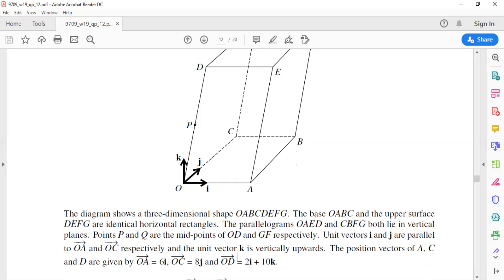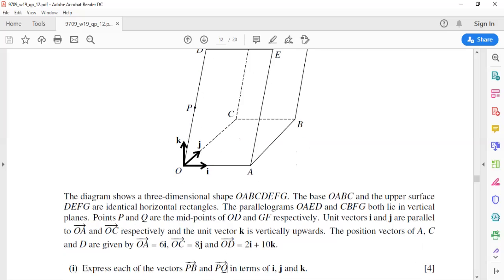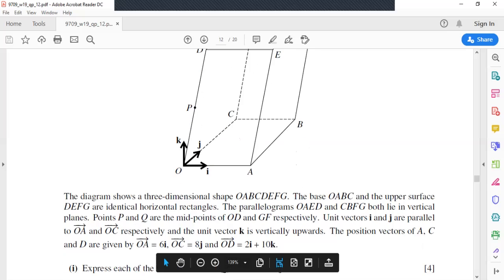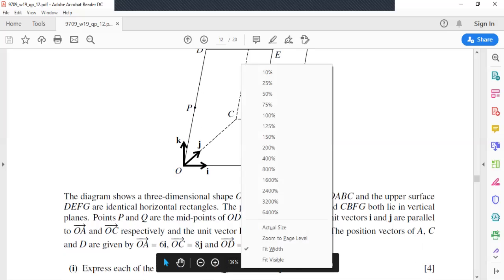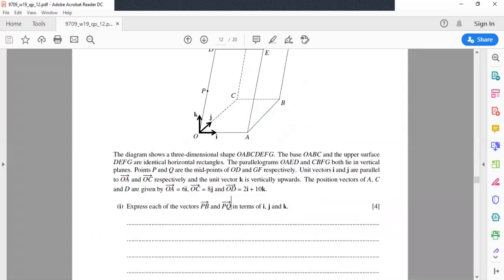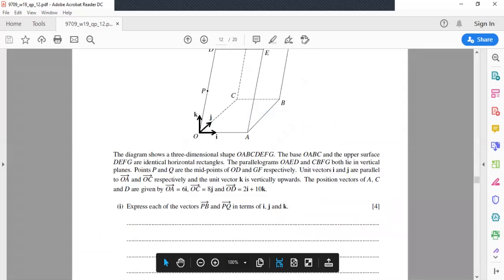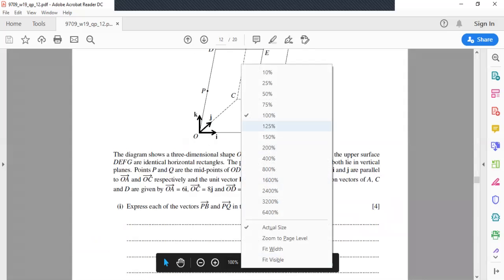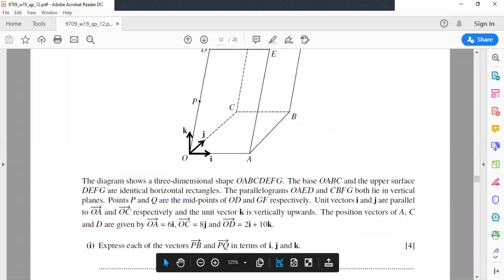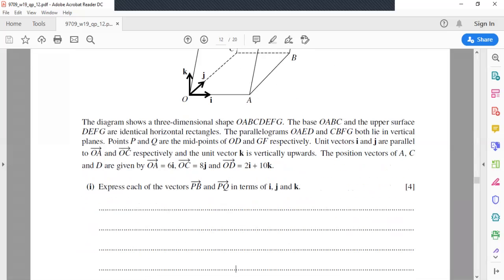In this, it says to find out the value of PB and PQ in terms of i, j and k.